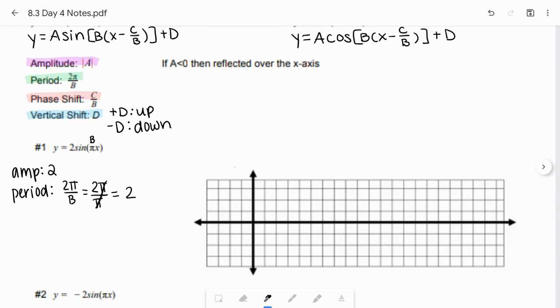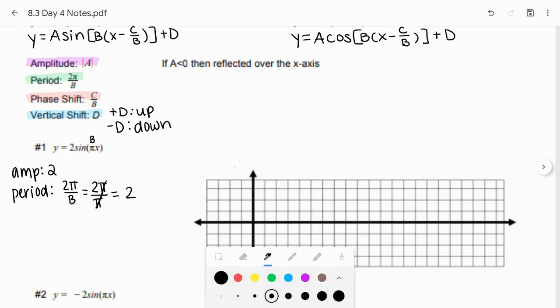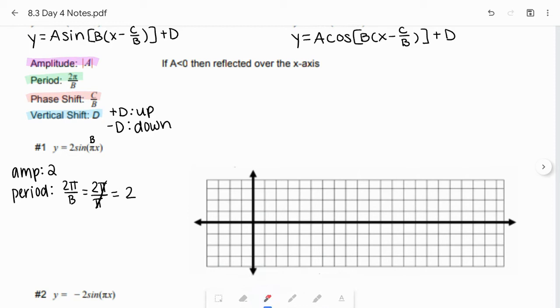You can set up your graph however you would like. I typically like to use 8 spots as my one period. I'll switch colors so we can see a little better. I'm going to count over 8 spots: 1, 2, 3, 4, 5, 6, 7, 8 would be right here, and that's where I want to complete one full sine graph.